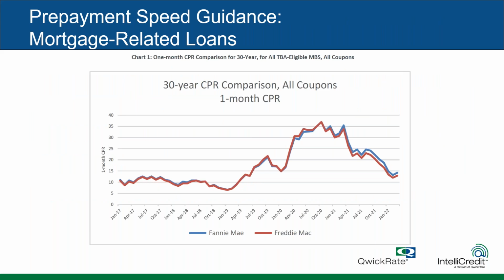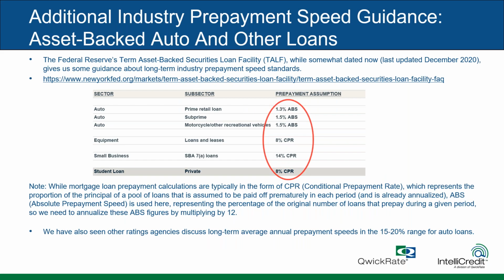And on the next slide, we give you some information about other loans, non-mortgage related loans, and where to start from a prepayment standpoint. I wouldn't say this data has been superseded by what we got from the NCUA just more recently, but it's certainly additional information that can back up whatever assumptions you feel like you need to make from a CECL perspective. Next slide.